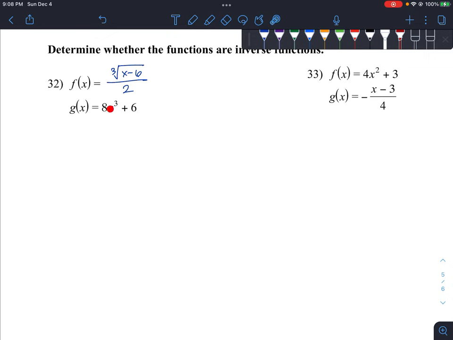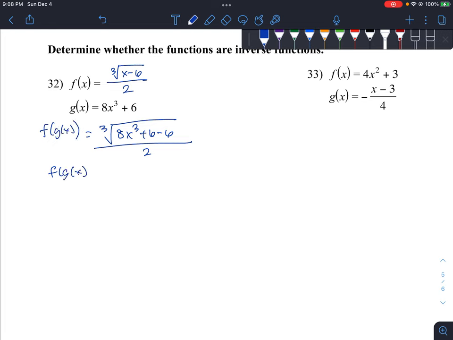Okay, so again, I'm just plugging this into that location right there. So we got f of g of x is equal to the cube root of 8x cubed plus 6 minus 6, and then divided by 2.